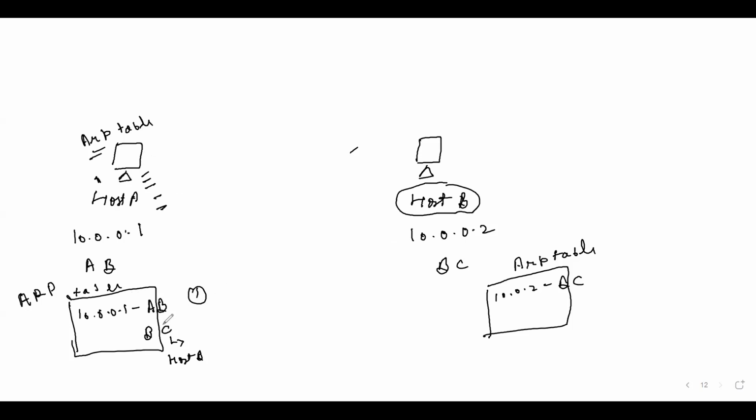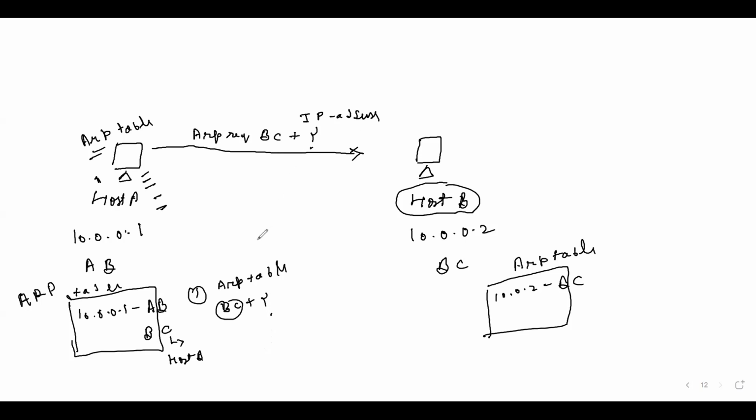It sees, okay, I have the MAC address of that PC, but the IP is not there. So what can I do? It will send an ARP request. It will say, I have the MAC address, but I don't have the IP address. Can you tell me the IP address?